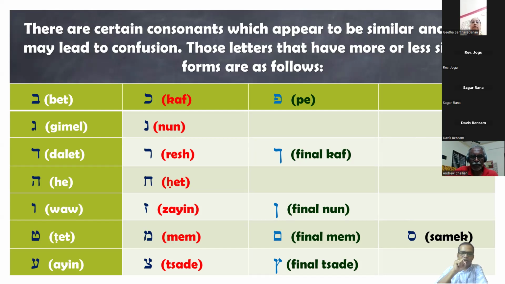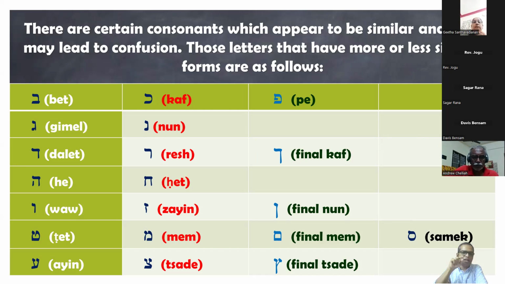Bet: the bottom horizontal line will extend beyond the vertical line. Kaf is like an opposite form of C, so there is no box end, no square end. Both the places you can see a curve. Pe is also more or less like Kaf, but you can see a hook on top of the left side of the horizontal line.